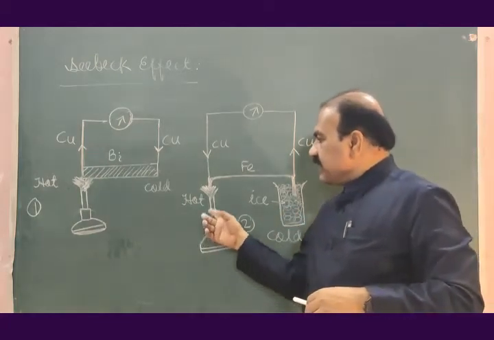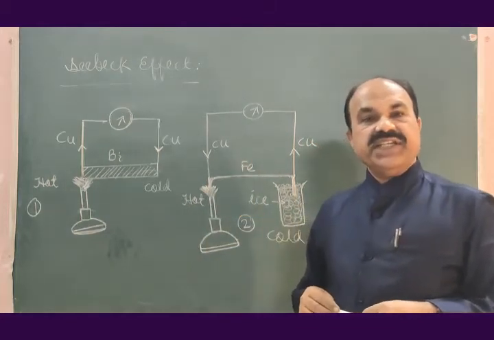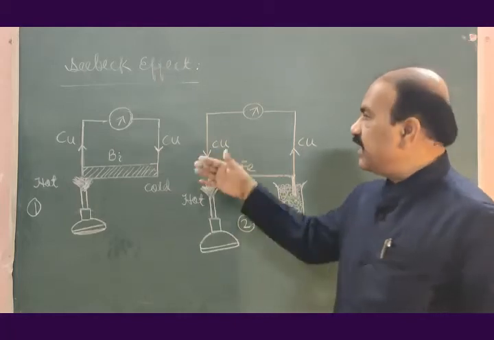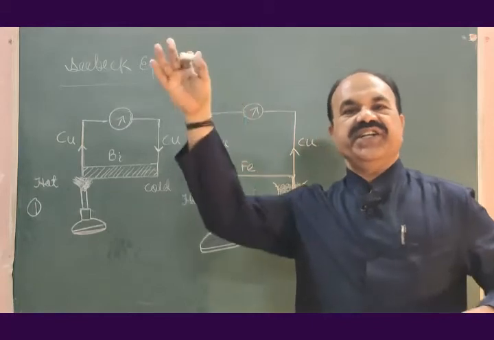He found that as the temperature of the hot junction of copper and iron is increased in steps, the current through the galvanometer also increases continuously.